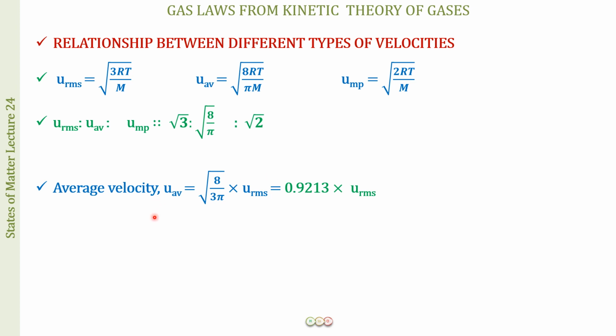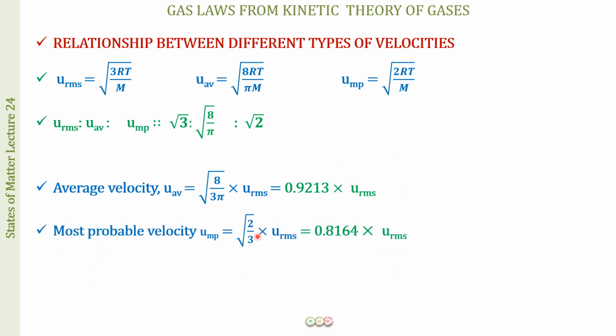The most probable velocity is equal to under root of 2 by 3 into URMS, and if you solve this, you get 0.8164 into URMS.